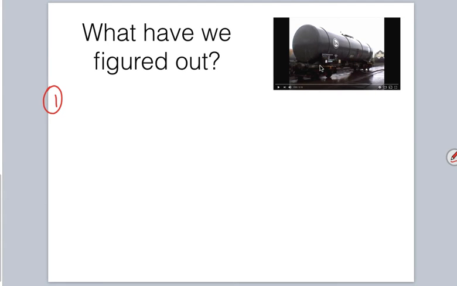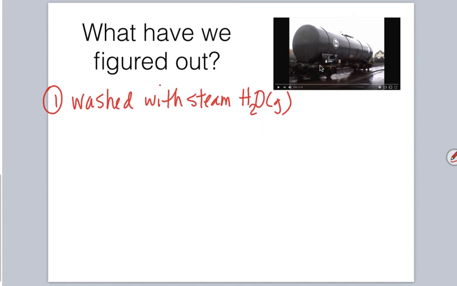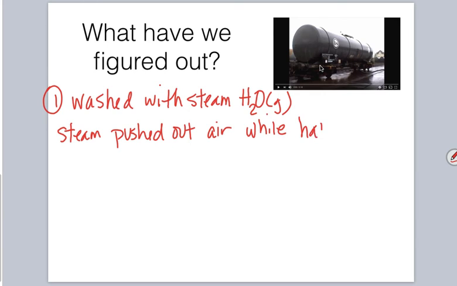So we have: washed with steam, which is H2O in its gas form. The steam pushed out air while the hatch was open, because at a given pressure and temperature, the number of particles of any gas is fixed in terms of its volume.